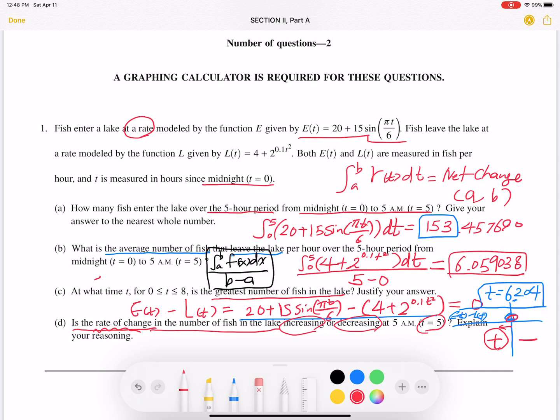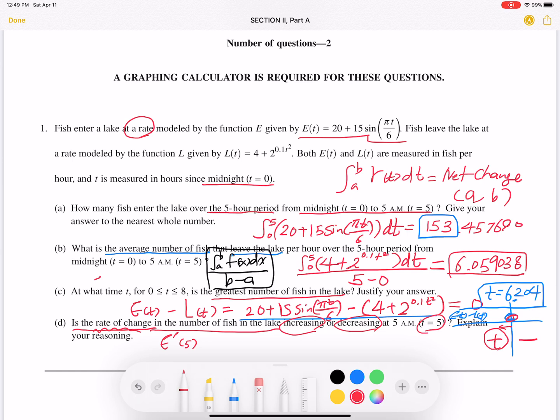So that means what? E prime of 5 means the rate of change in the entering rate of the number of fish at t equals 5.